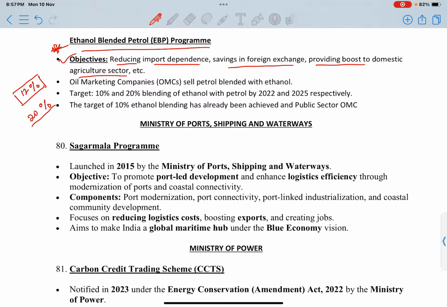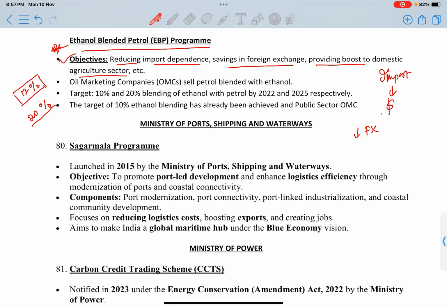Suppose petroleum we are importing from other countries. So when we import, we will spend dollars, right? So when we spend dollars, our foreign exchange reserve will decline. The lower the foreign exchange reserve, the less strong is the economy.